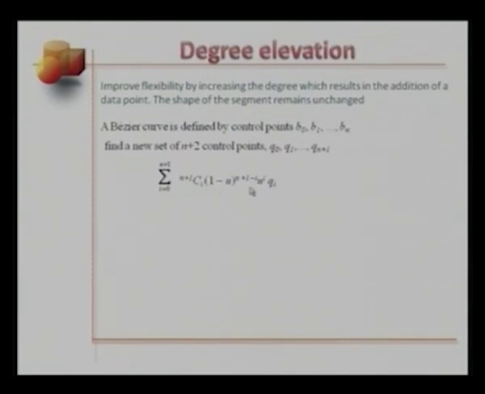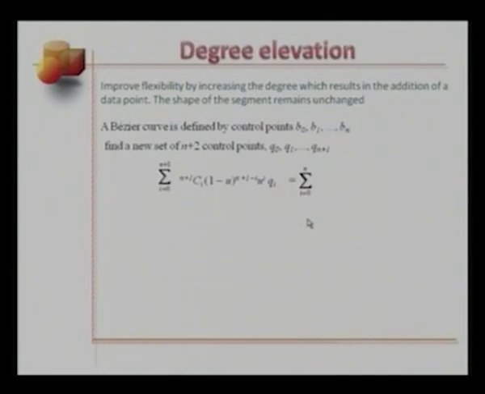You guessed this right. This is the ith Bernstein polynomial of degree n plus 1. And this entire Bezier segment will be the same as the original segment, because I have mentioned before that the shape of the segment remains unchanged.